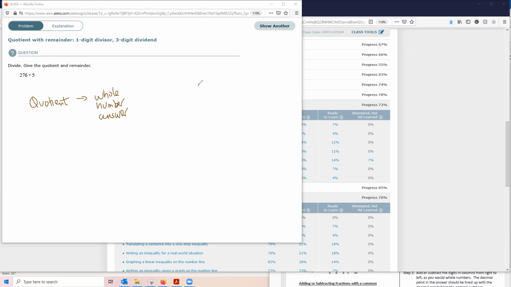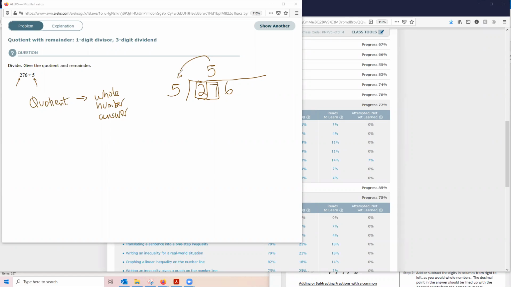So one way to think about this is do long division. If you remember long division, you put the first number underneath the division symbol, and you put the second number out in front. Then you say to yourself, how many times can 5 divide into 2? Well, 5 can't divide into 2. So then I move over and say, how many times can 5 divide into 27? Well, I know that's 5 times.